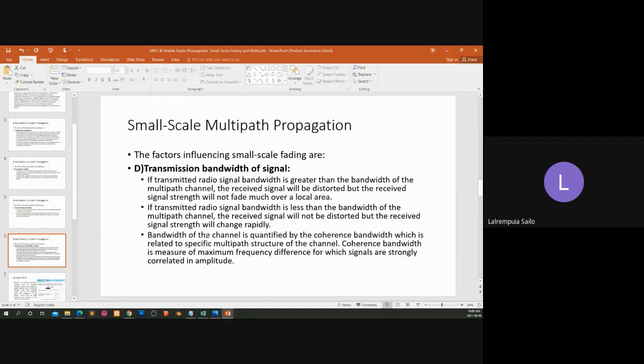The bandwidth of the channel is quantified by the coherence bandwidth, which is related to the specific multipath structure of the channel.